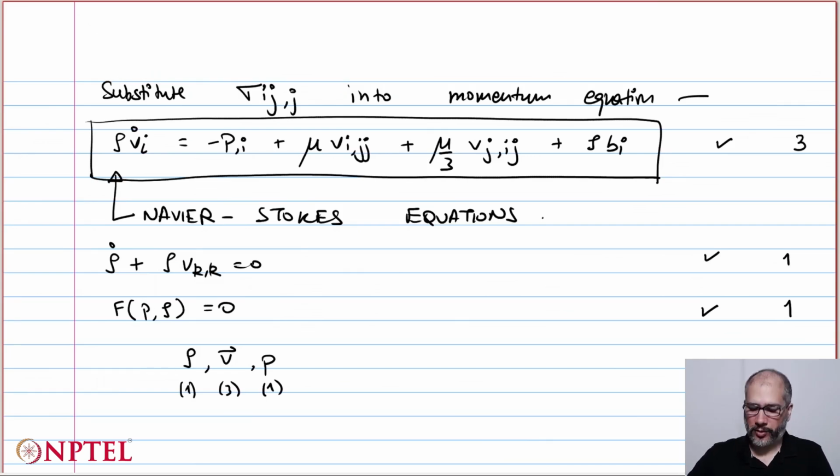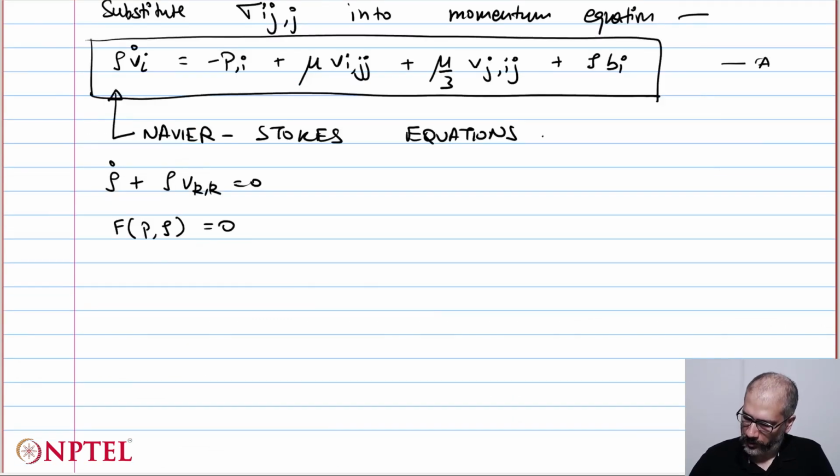Now you may have noticed that this equation, the Navier-Stokes equation here, is a differential equation because we have derivatives. So when we solve differential equations, we have to integrate quantities, and that generates constants of integration. So to get those constants, we need some boundary conditions.